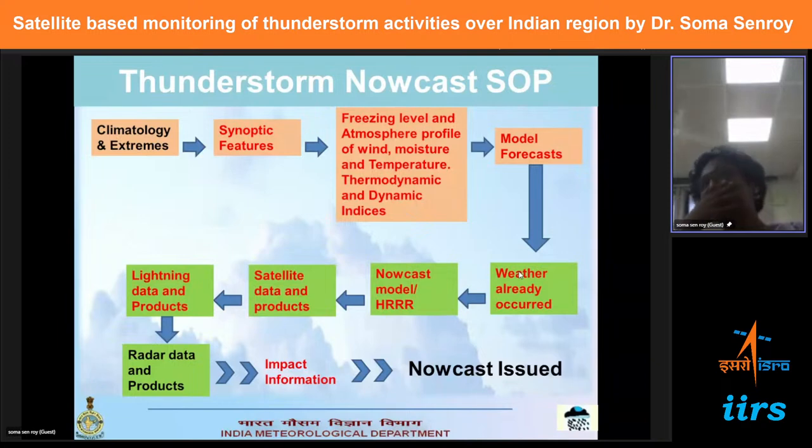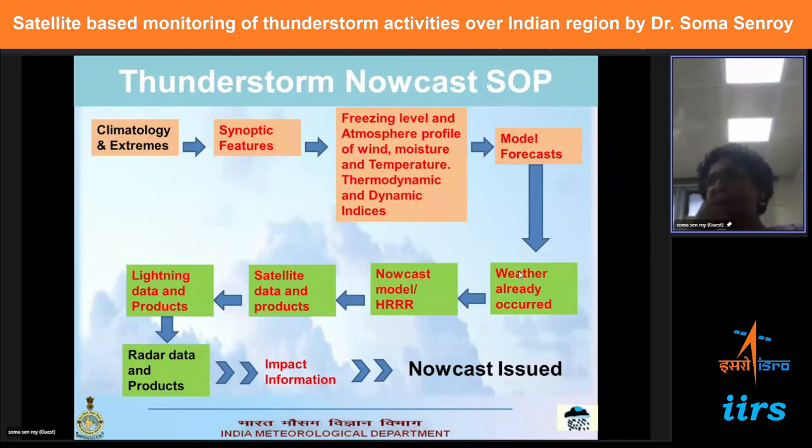Even if you're not able to give the exact area, is it moving eastward, northward, southeastward, where I'm talking about a westerly weather system? That gives you an idea that if the weather has occurred, it is now moving to the east. Whatever has happened is moving eastward. So that gives a very good indication.